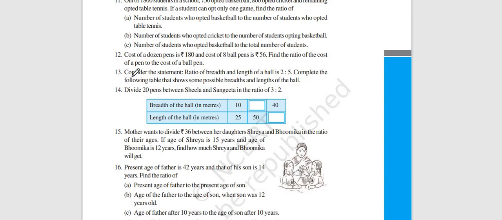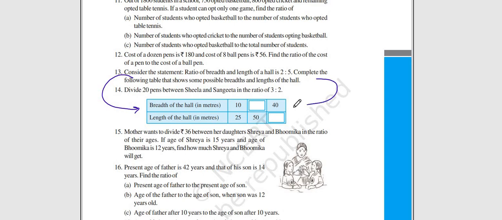Next, question number 13. Question number 13 is this table. Consider the statement: ratio of breadth and length of a hall is 2:5. Complete the following table that shows some possible breadths and lengths of a hall. That means indirectly ratio is 2:5, that is 2/5.